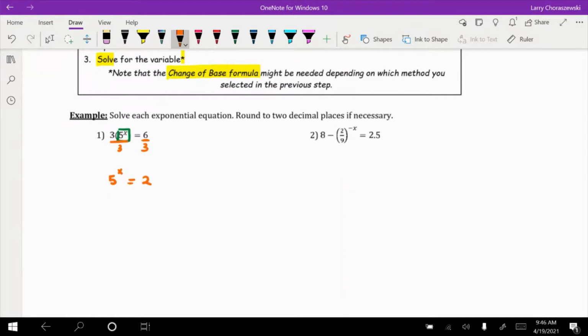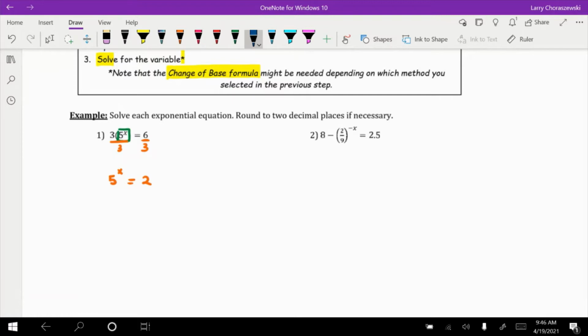Now that the exponential expression is isolated, we can move on to step 2, where we can decide to use a log loop or apply a log to each side. With this particular example, I'd like to show you a quick way of getting x isolated pretty much right off the bat. I mentioned that you can use a log of any base.